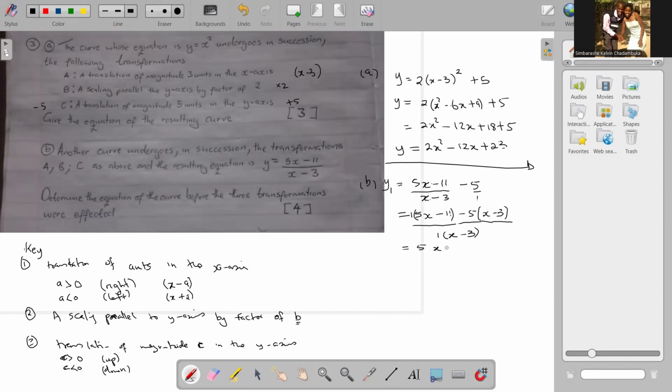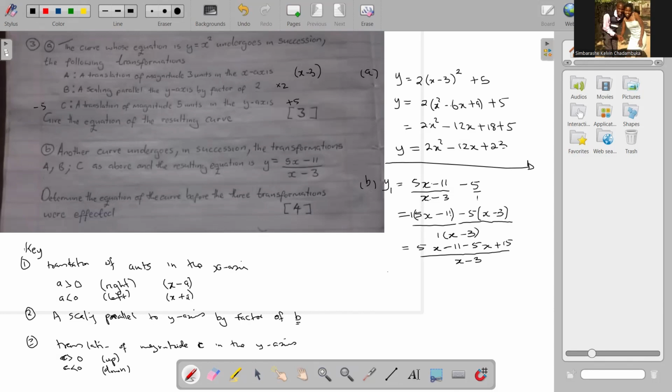This is going to give us 5x minus 11 minus 5x plus 15, all over the product, which is x minus 3. So this 5x and this 5x will subtract each other.